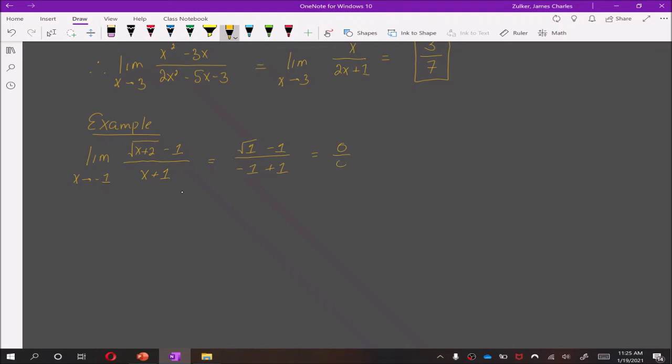That winds up leaving us with 0 over 0. This is indeterminate. So again, we're going to need to do some algebra to try and simplify this.